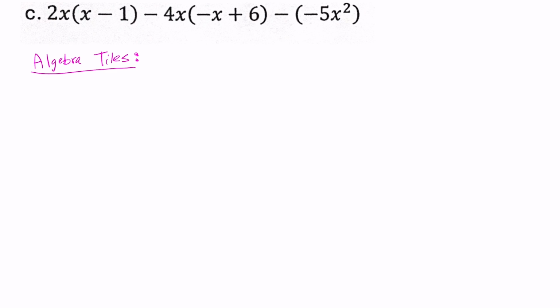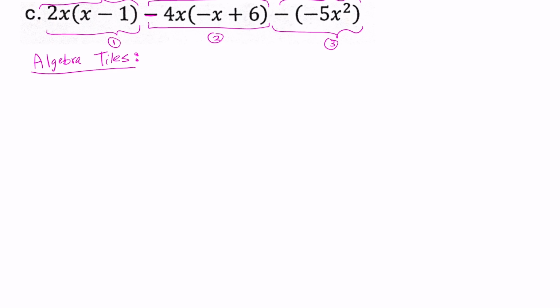I can call all of this number 1, that piece. All of this, including the negative, I can call number 2. And all of this I can call number 3. And I'm going to do 3 sets of the area model, 3 times essentially.